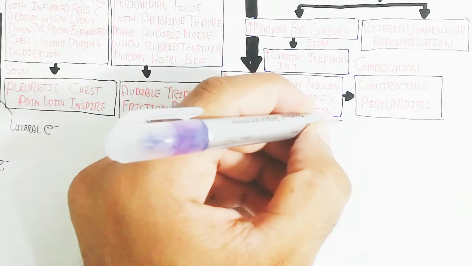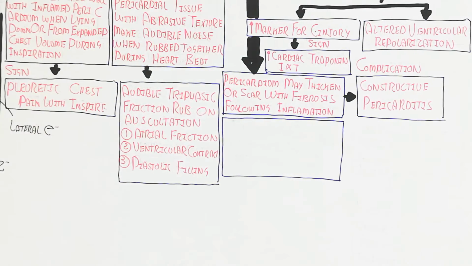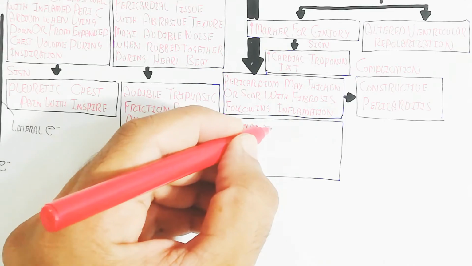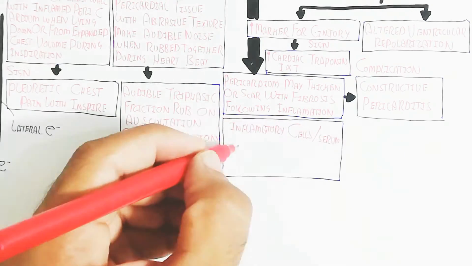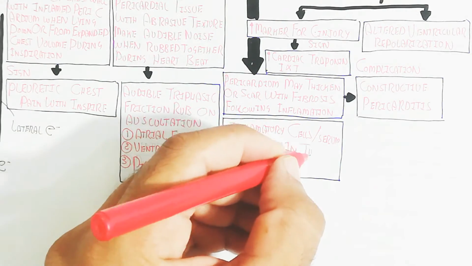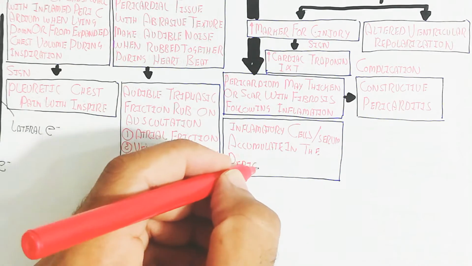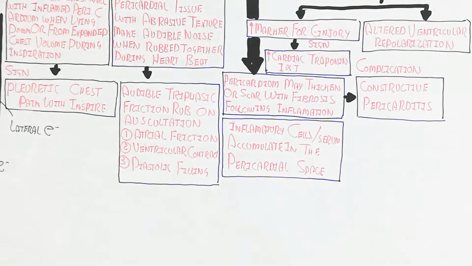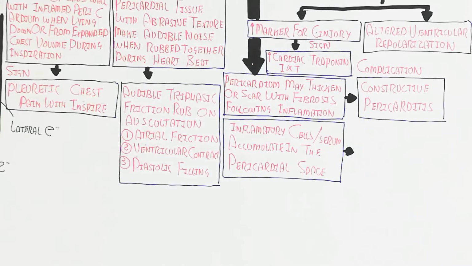Anyhow, let's discuss more. Inflammatory cells and serum accumulate in the pericardial space, which will lead to a complication, the pericardial effusion.